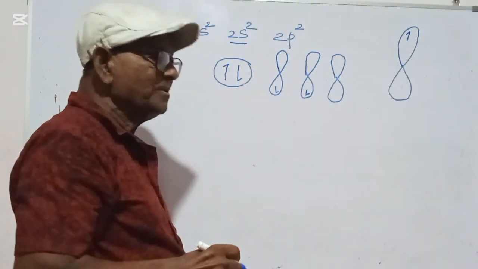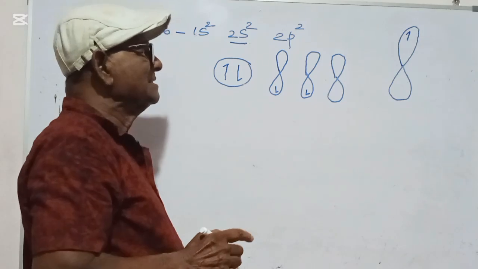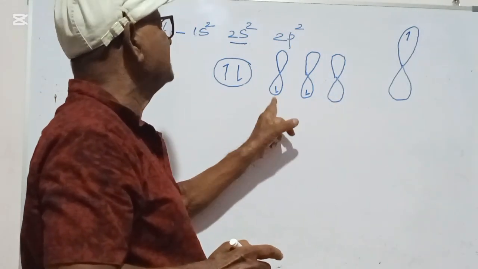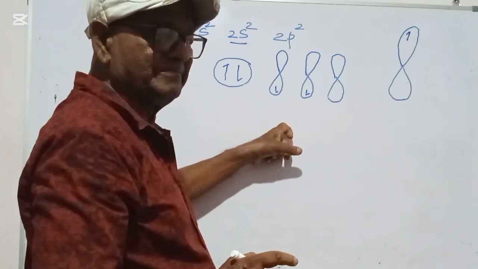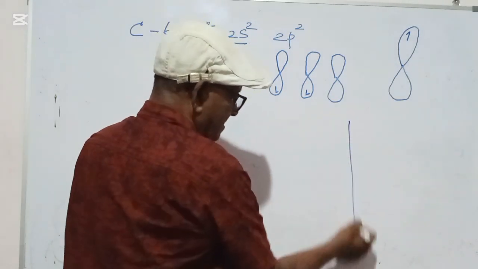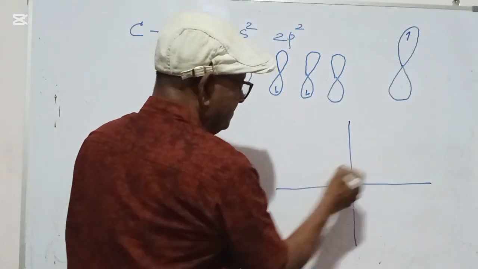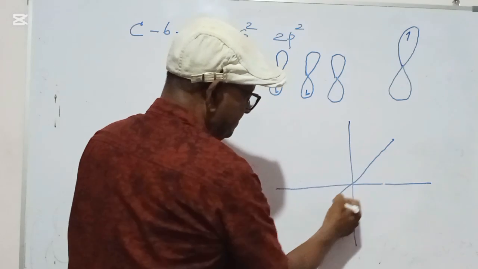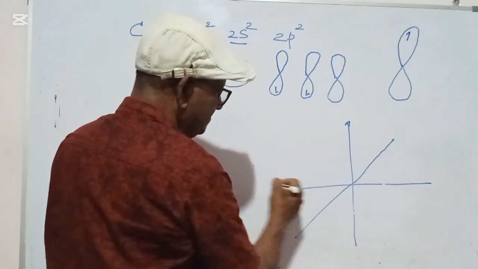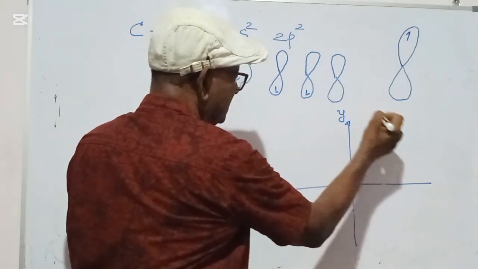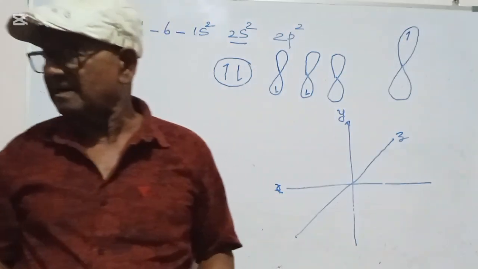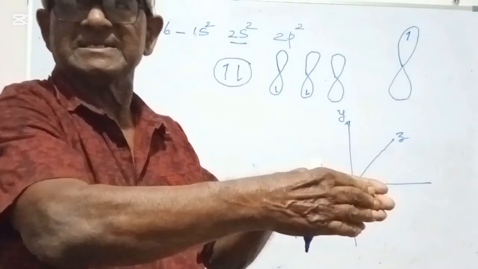Then there's a problem, no? You know that these 3 orbitals do not lie as I have drawn. How do they exist? See here. This is the x-axis, y-axis, z-axis. These three axes are perpendicular to each other.